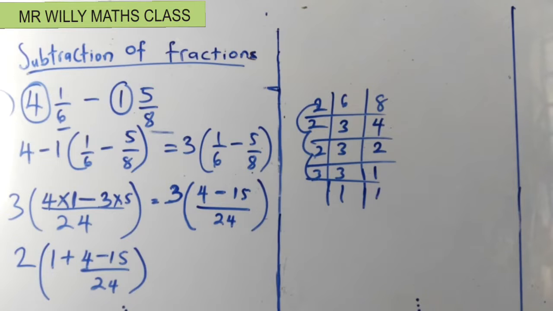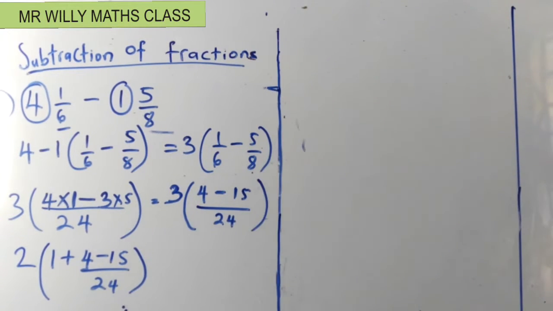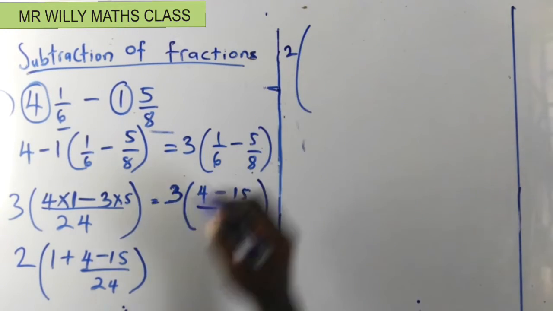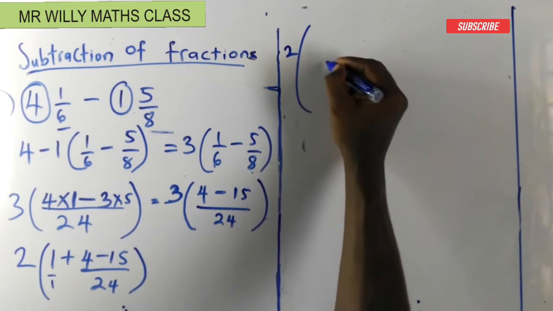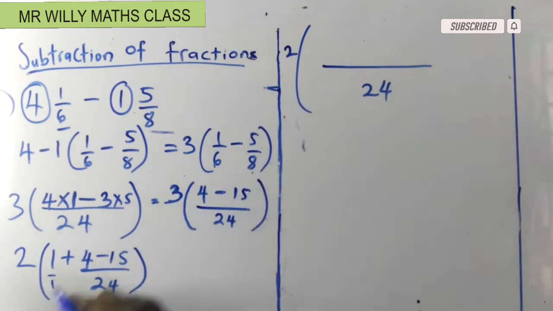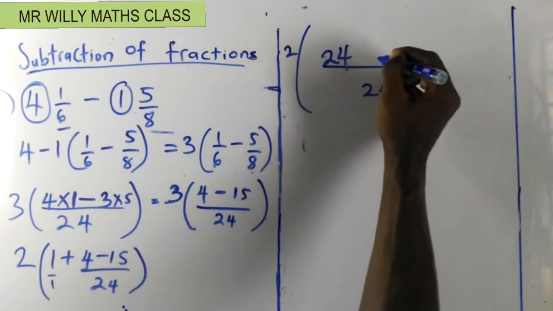After you have done that, you now solve on. That is how you solve it. What you do is that 2 bracket, you know that this 1 will be over 1. The LCM is still 24. So 1 in 24, that will be 24. 24 times 1, that will be 24.